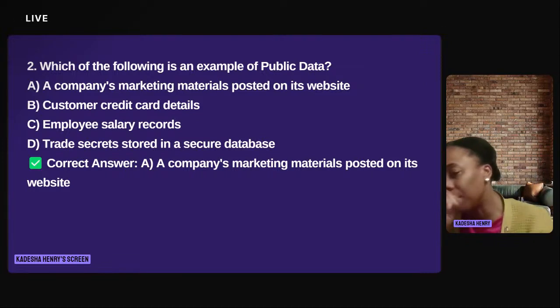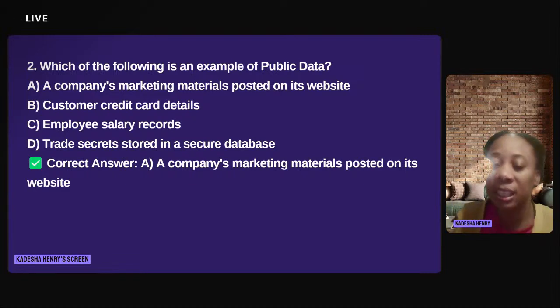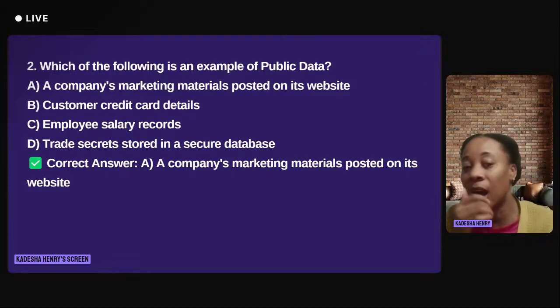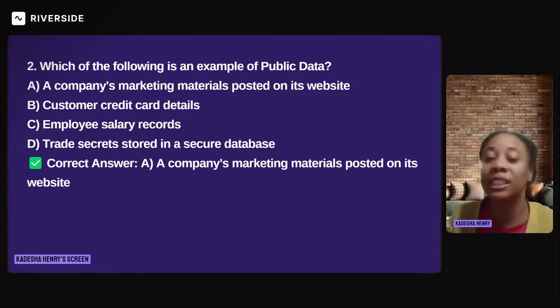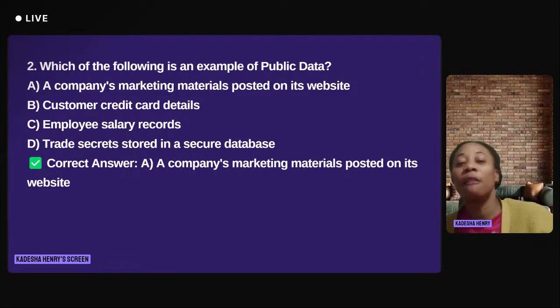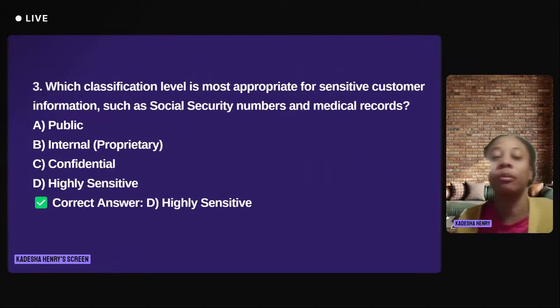So whatever information that people can readily gain access to, marketing material posts on a website. Customer credit card, those are sensitive information. Employee salary record, those are confidential. Trade secret stored on a secure database, those are all confidential information that must not be made public.